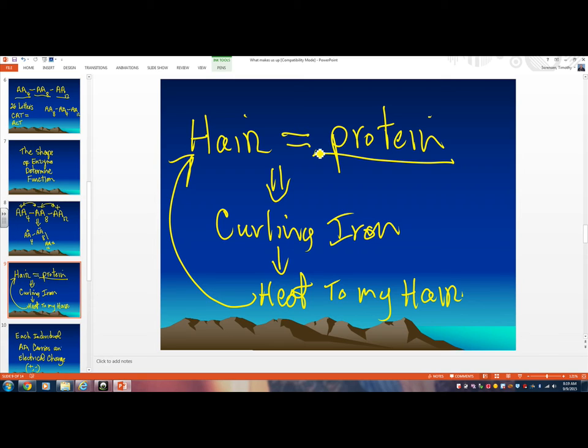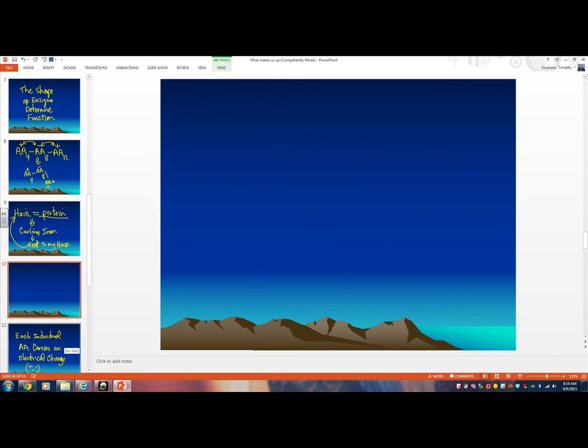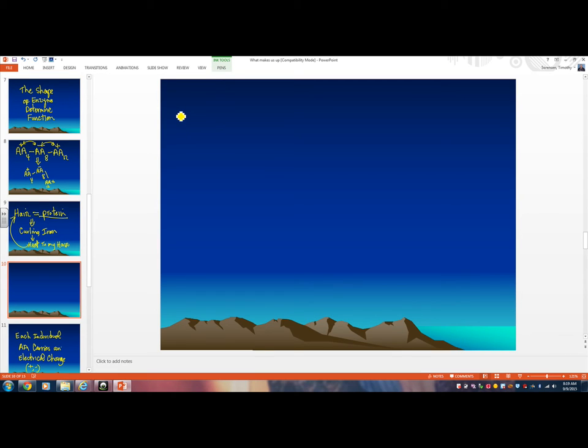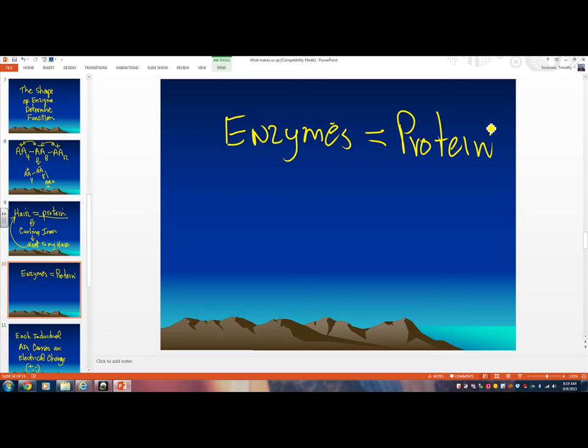So watch, watch, watch. What's the goal of the body? To maintain homeostasis, to maintain that internal balance that's critical to the optimum functioning of your body. So watch. What controls all the chemical reactions inside your cell? Uh-oh. Enzymes. What are enzymes made out of? Cut it out, Timmy. Protein.